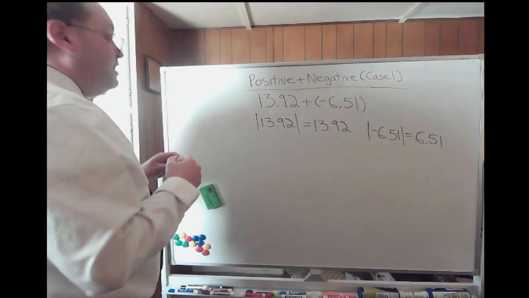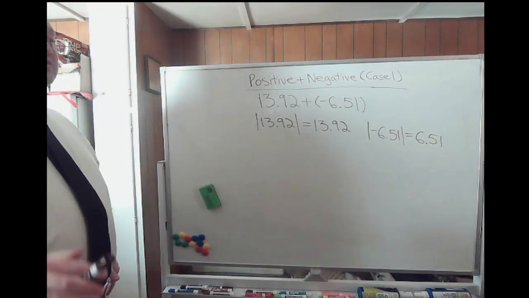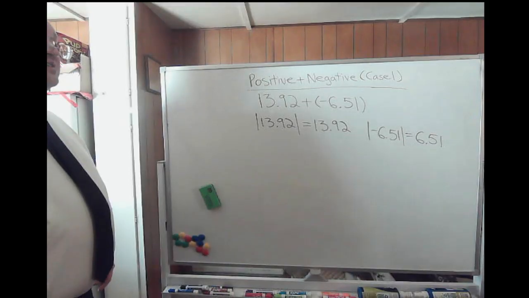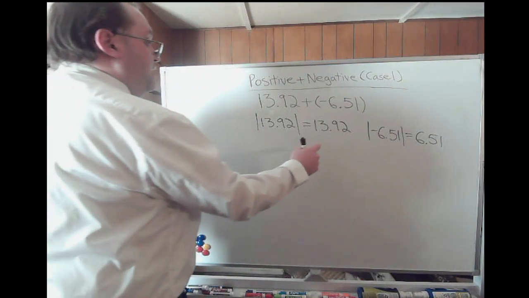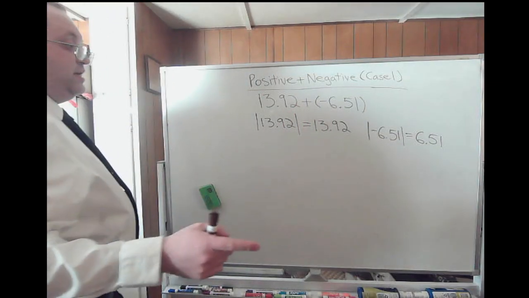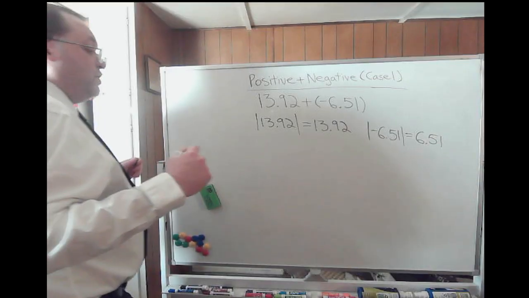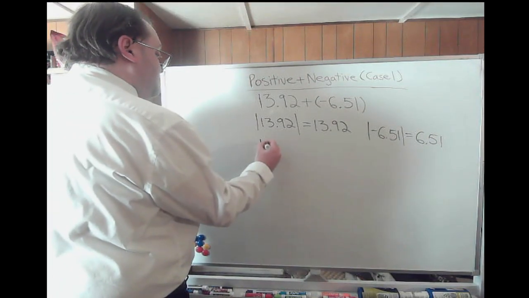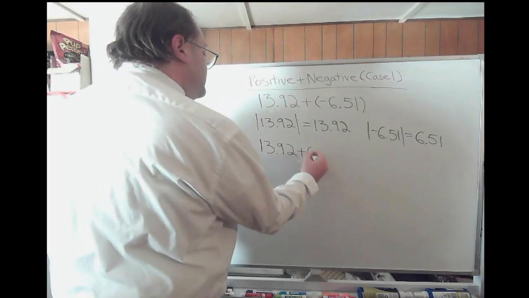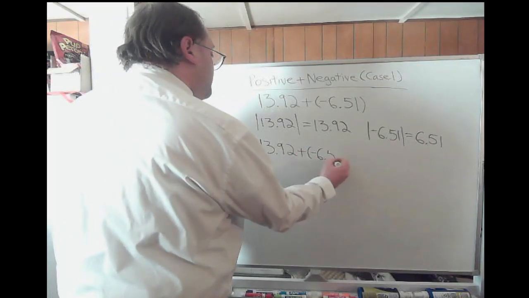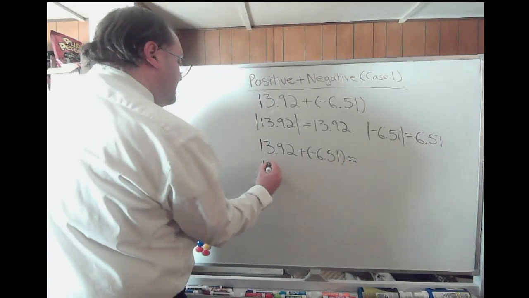What we're trying to do here first, before we even try to find the solution itself, is determine the nature of the solution. Is it going to be positive or negative? Well, remember, if the bigger absolute value is positive in the original equation, then you're going to get a positive result. So let's rewrite this equation. You'll have 13.92 plus negative 6.51. When you have plus a minus, that is simply minus.